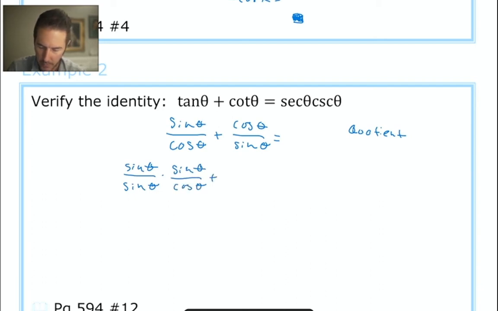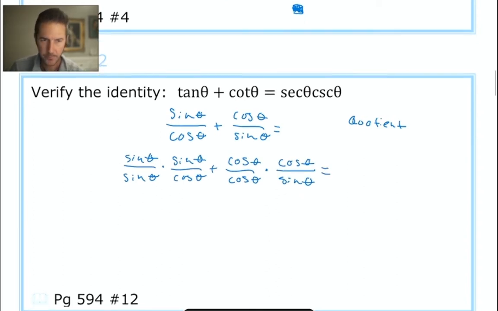And then plus, and I'll multiply the second fraction by cosine theta over cosine theta. And remember that I'm allowed to multiply by sine over sine or cosine over cosine because those two fractions are equal to 1. So what we're really multiplying by is 1. So we're not changing the value of anything, we're just changing what it looks like.